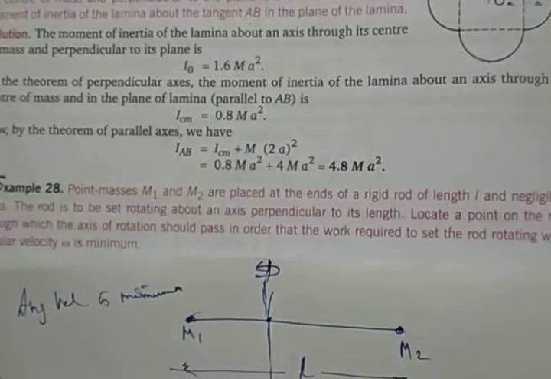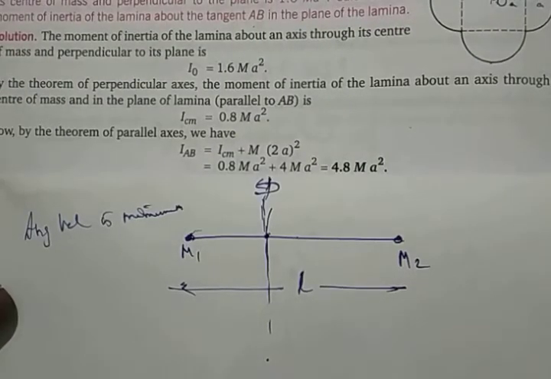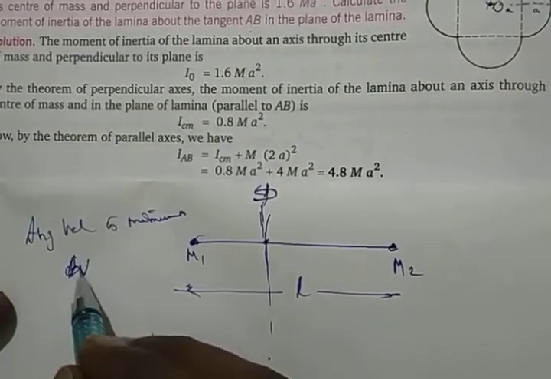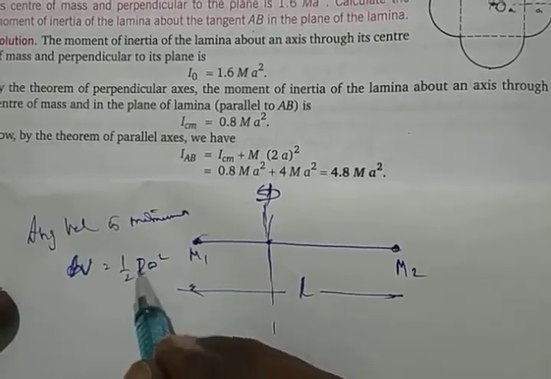When you say the angular velocity is minimum, how do we say that? We need to understand that. Let us take the work done principle. Work done is going to be equal to half I omega square. You know this formula.